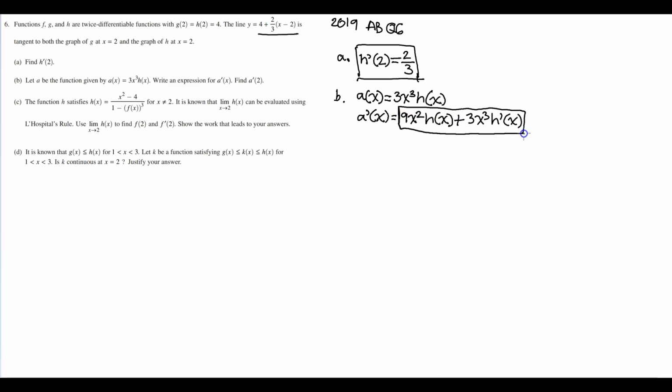Now, a prime of 2 equals 9 times 2 squared, that's 36, times h of 2, plus 3 times 2 cubed, which is 8, so we have 24 times h prime of 2.